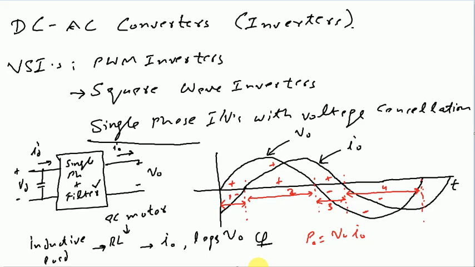If the product of instantaneous voltage and current comes out to be positive, it means that power is being absorbed by that particular network element, or if it is negative, then power is being delivered by that network element.